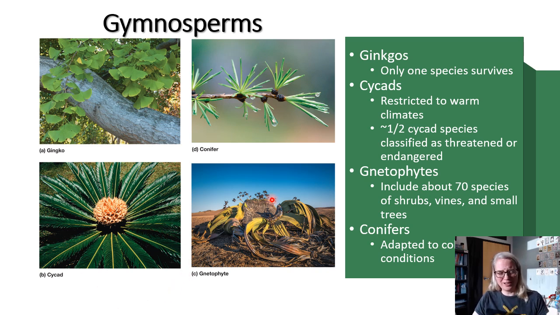Gnetophytes are weird. There are two major groups that we're going to talk about. This one is called a Welwitschia. It's usually found in a desert African country like Namibia. It's very unique in that it only grows two leaves off that central stalk for its entire life, and they just keep on growing, and the further they get from the stump, they turn into this weathery, fibery stuff.